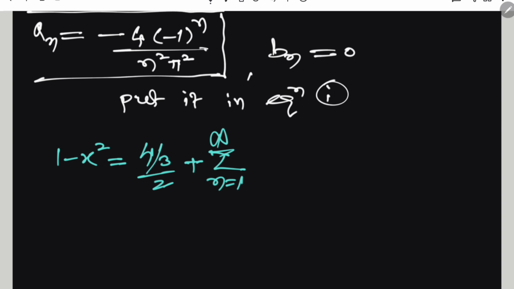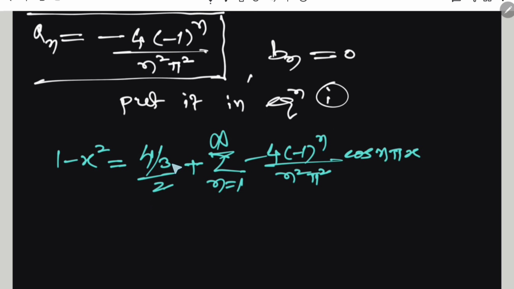The value of an is minus 4 into minus 1 raised to n divided by n square pi square multiplied by cos of n pi x, as the required Fourier series for that function f of x is equal to 1 minus x square, which is an even function. A required answer, or required Fourier series.